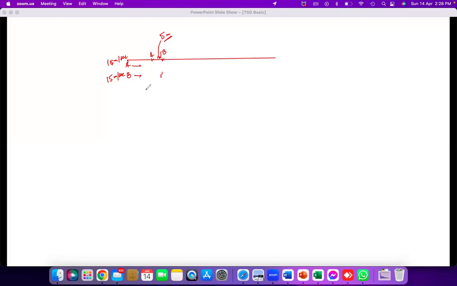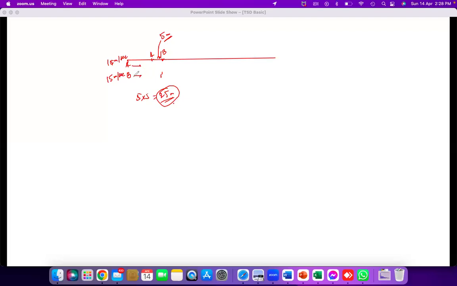Now I asked, after 5 seconds, what will be the gap created between them? So 5 into 5, that is 25 meters. Because in 1 second, they create 5 meter gap, so in 5 seconds, 25 meter gap will be created.